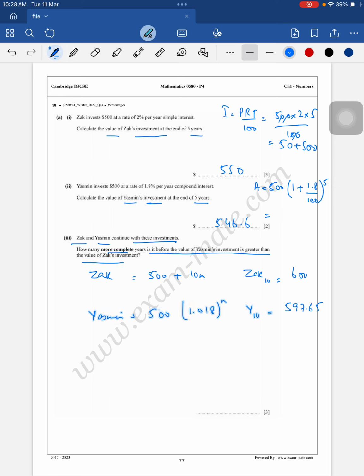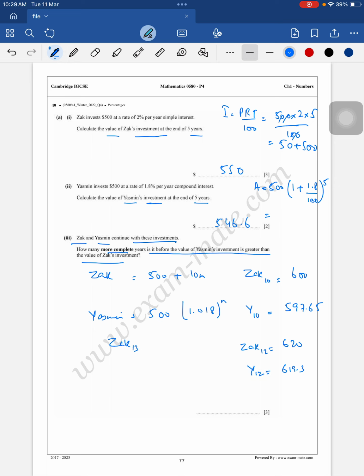Okay, let's check for 12 years. So Zach for 12 years is 10 into 12, 120 plus 500 will be 620, and Yasmin's investment after 12 years is 500 into 1.018 power 12, 619.3. Again let's take 13.